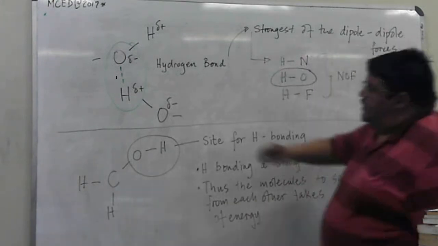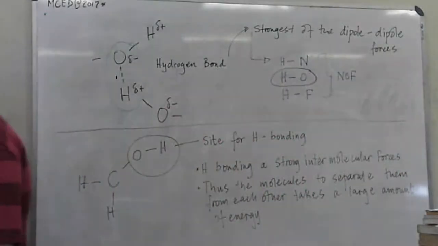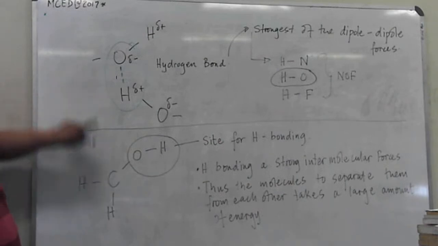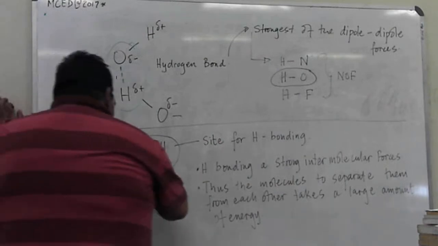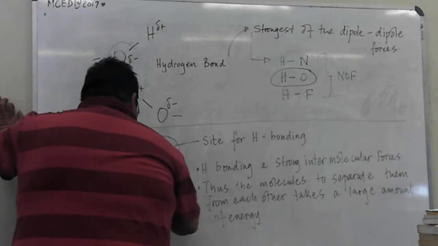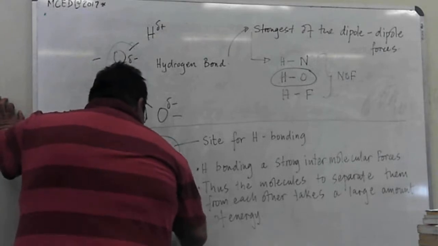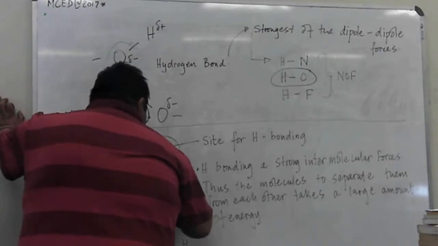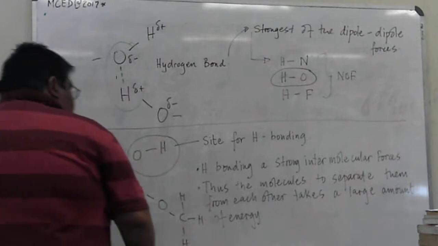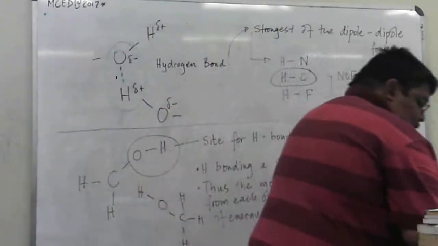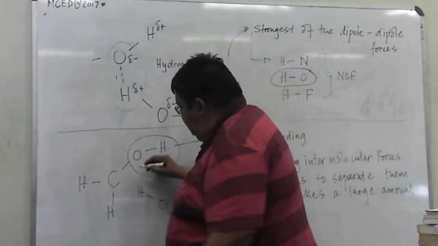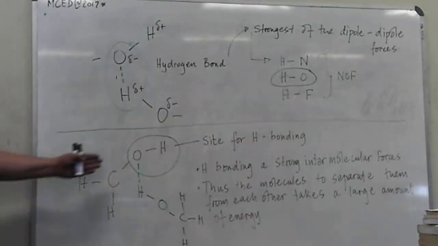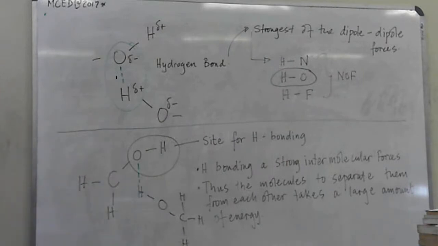Right, so to break these two molecules apart from each other will take a large amount of energy. So if we look very carefully, if there's another methanol molecule, then that would be a hydrogen bond. So alcohols have hydrogen bonding because they have this OH.